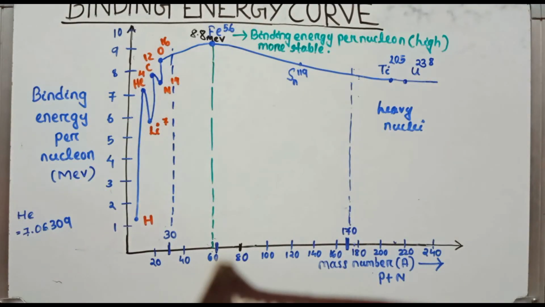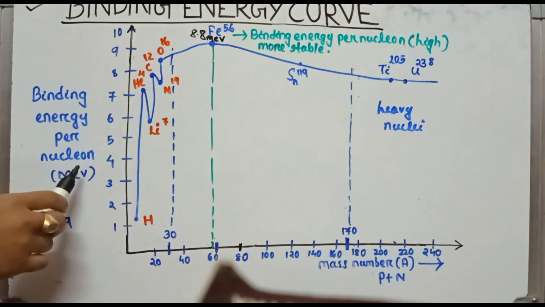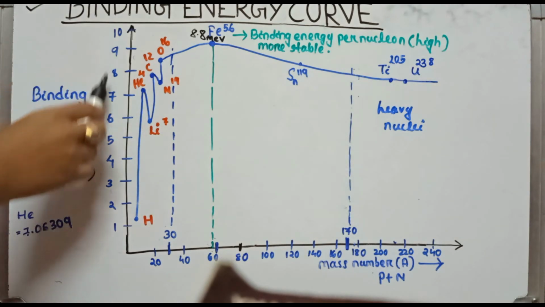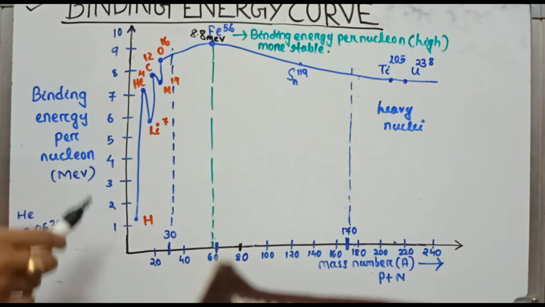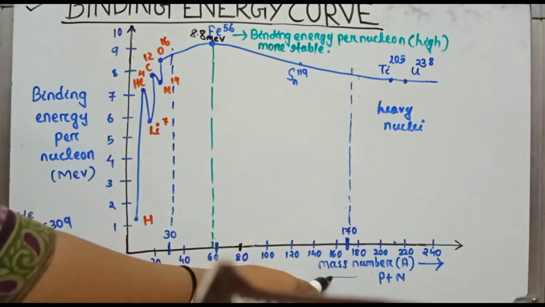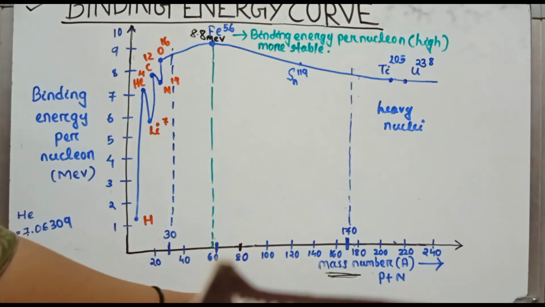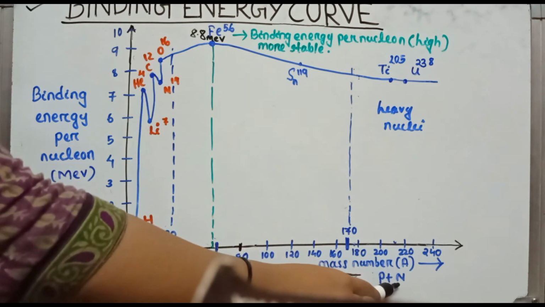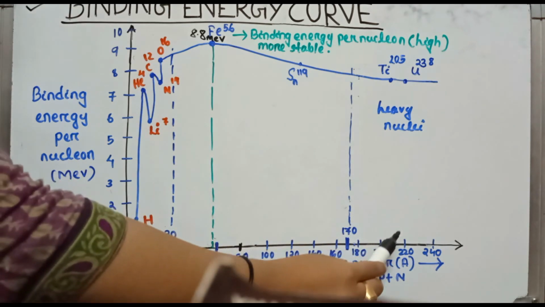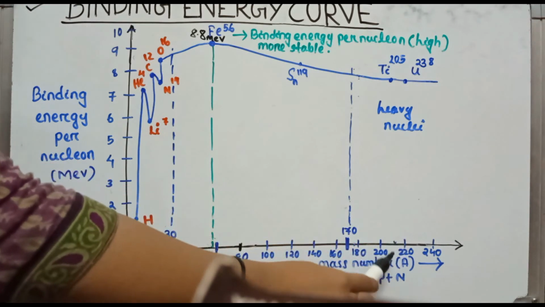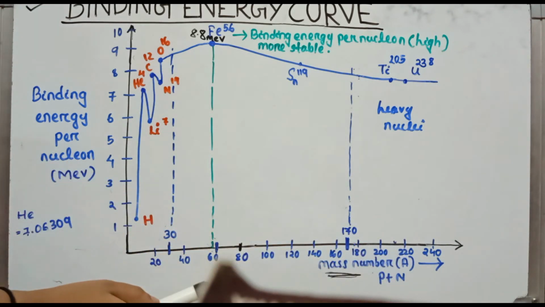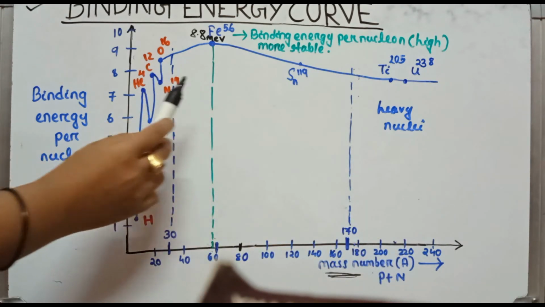Now students, here we discuss the binding energy curve. That means we take binding energy per nucleon along one axis and mass number, that is the number of protons and neutrons, along another axis, and draw the graph.